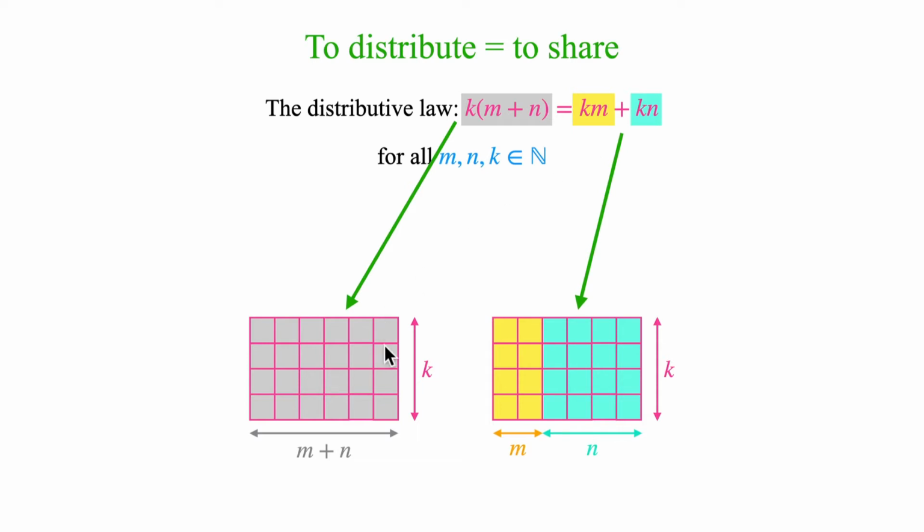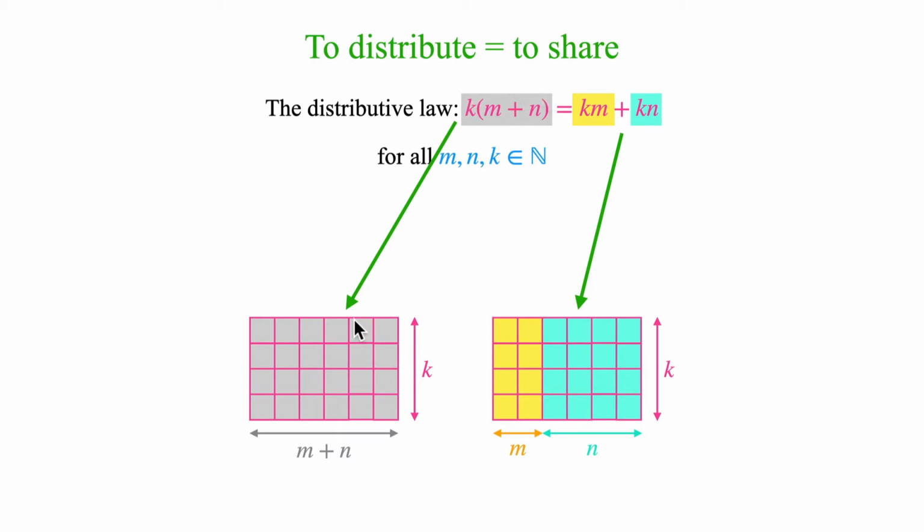And here is an illustration of this law, again just for positive natural numbers. You see, you can again think about areas. If the left-hand side corresponds to the area of the rectangle with height k and width or length m plus n, you see, the area will be k times m plus n, right?